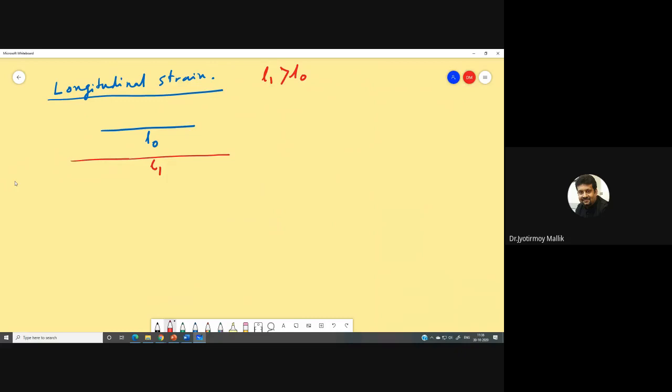So strain, or in this case particularly longitudinal strain, which we will denote as epsilon, is equal to (L1 minus L0) by L0. Or L1 minus L0 we can write as delta L, so epsilon equals delta L by L0. Delta L is nothing but the difference between the initial length and the final length after deformation.